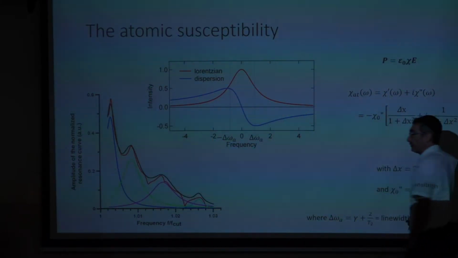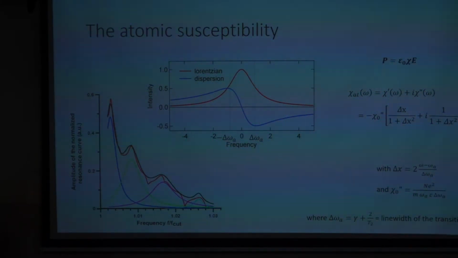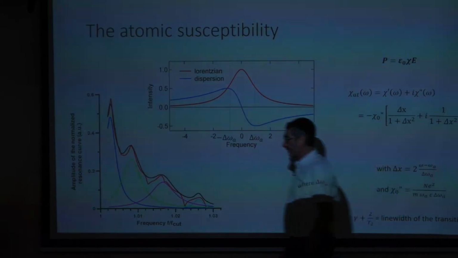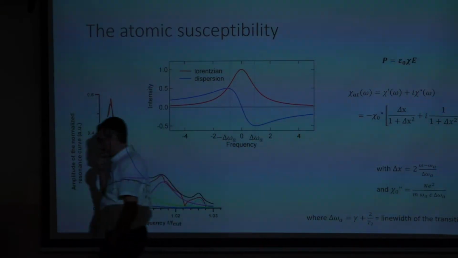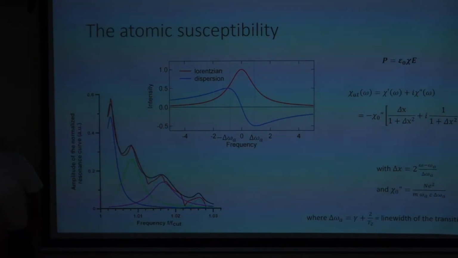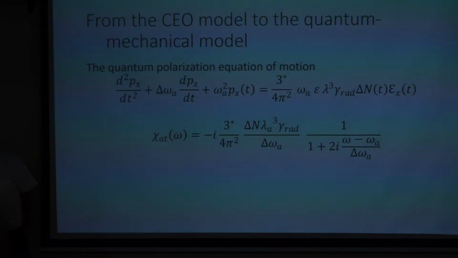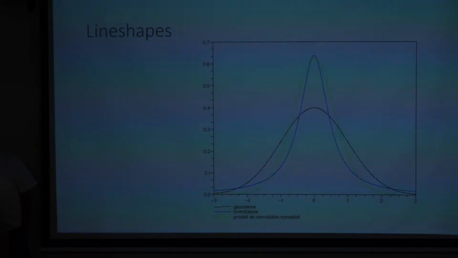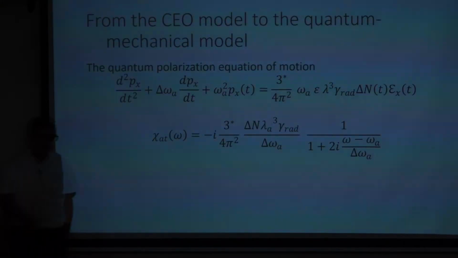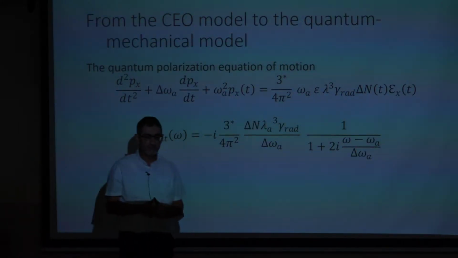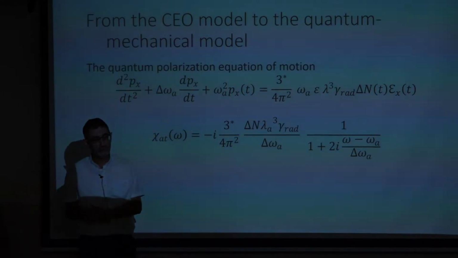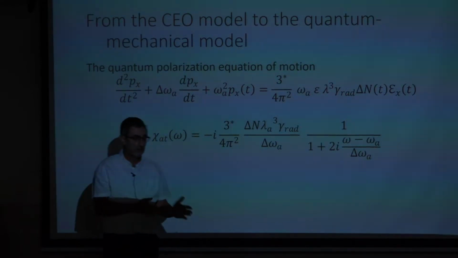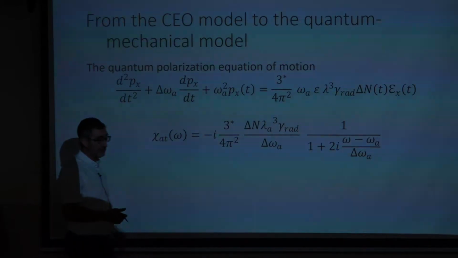So this is a good description of a resonant system in terms of Lorentzian line shape for a resonance. And maybe to finish this review: you remember the idea was to make some kind of equivalence between the classical model and the quantum model, the atomic system.